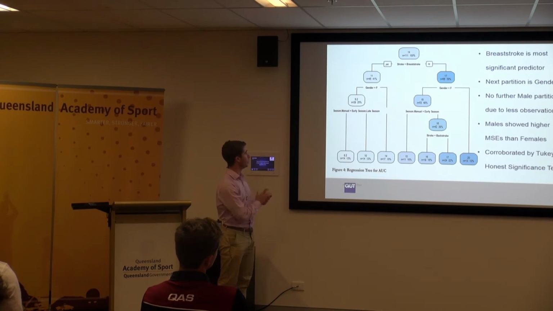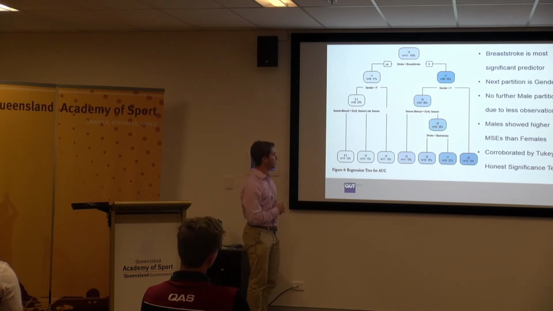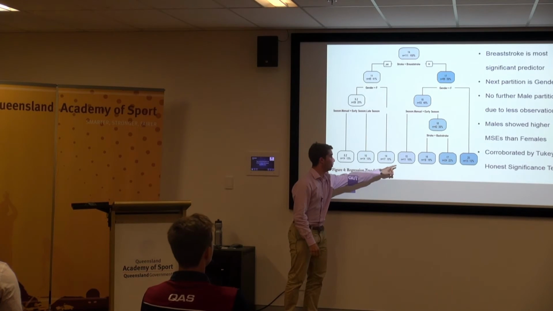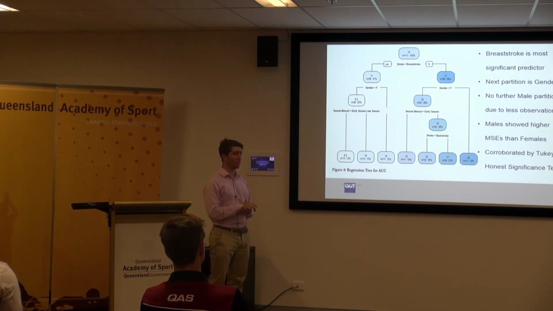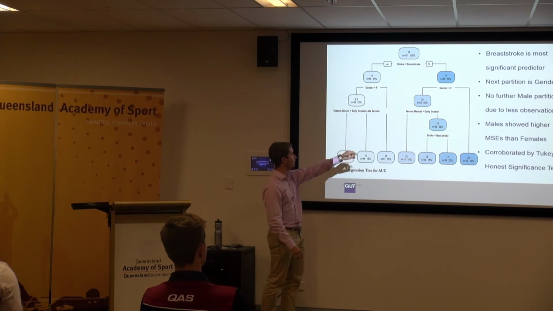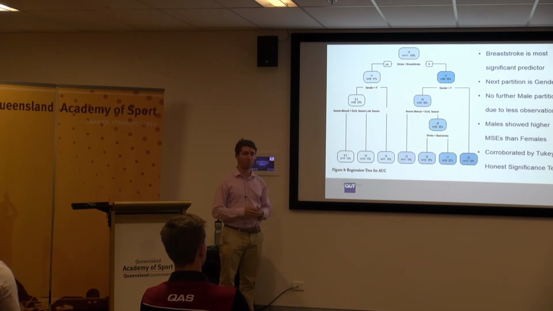Further from that, the next most important thing among female non-breaststrokers was whether it was early season or not. When it was early season, their area under the curve was lower. But if it wasn't early season, i.e. mid or late season, then the next most important partition was whether they did backstroke or not.